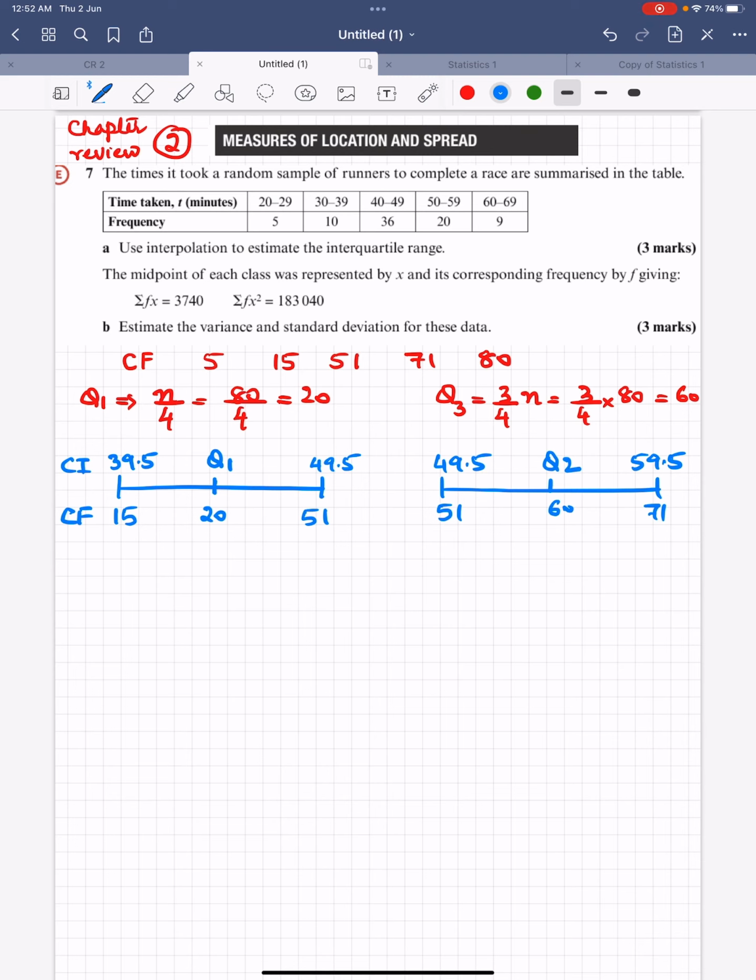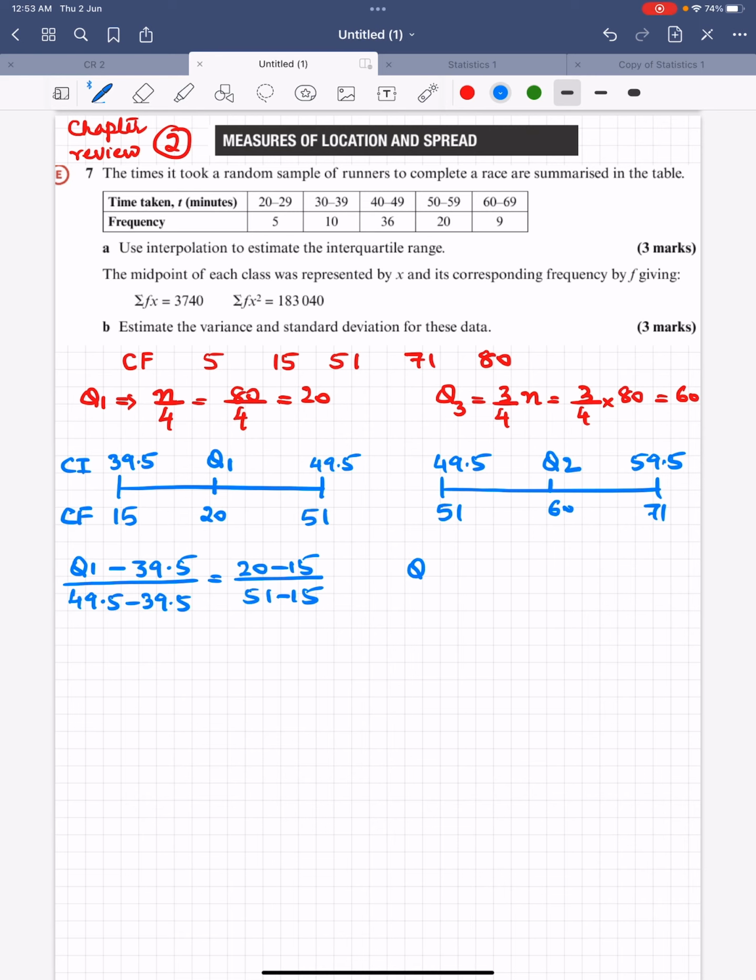So let's do the working for the calculation. Q1 minus 39.5 divided by 49.5 minus 39.5 is equal to 20 minus 15 divided by 51 minus 15.